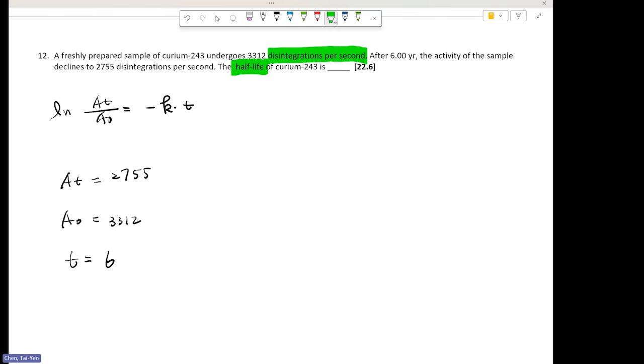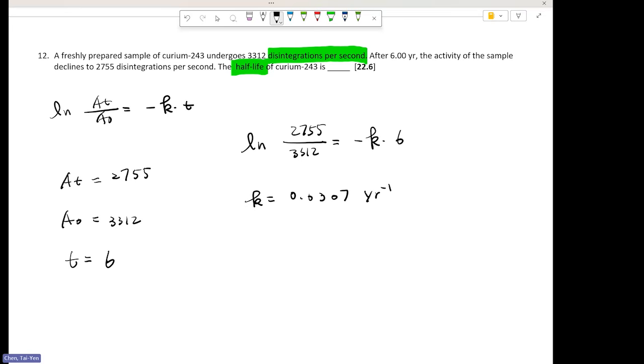So by doing this, what can you get? ln(2755/3312) equals negative k times 6. Apparently, you can get your k, which equals 0.0307 per year.